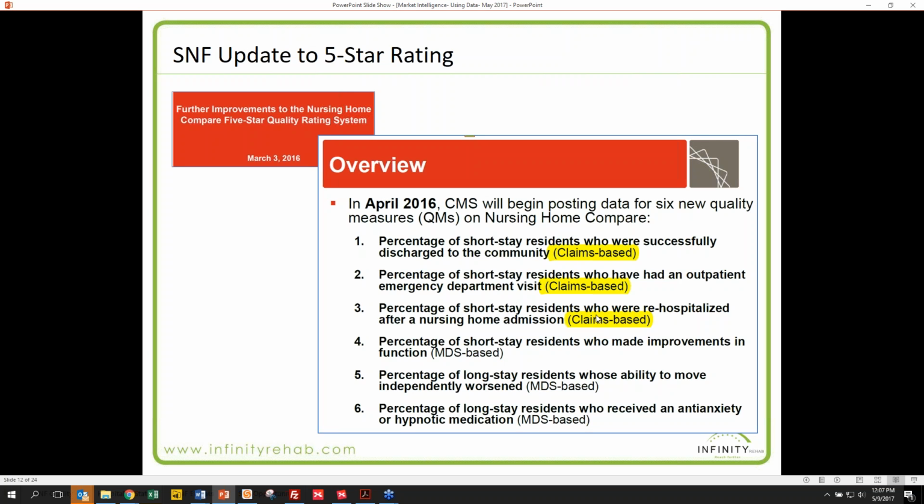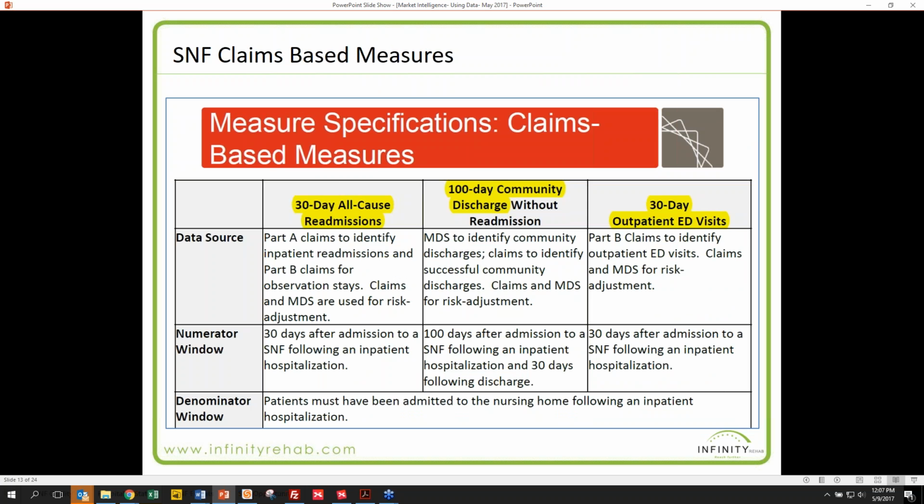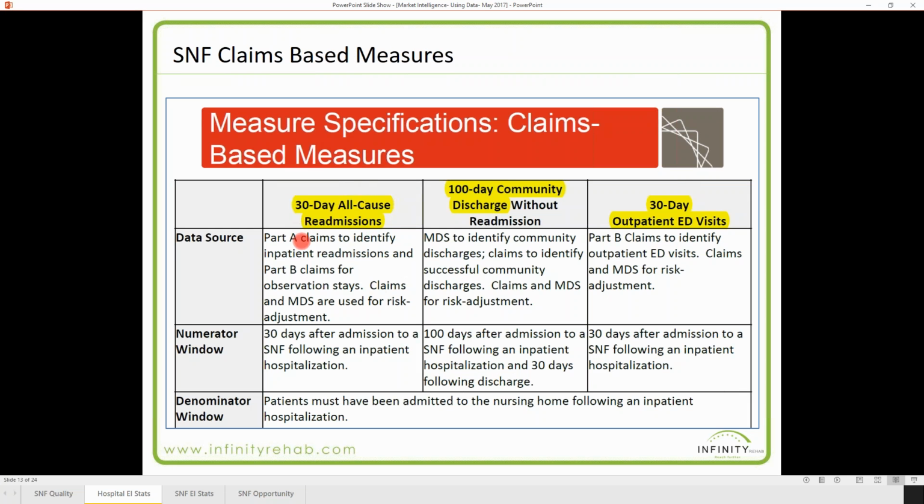3 of them are using claims data. This is something Medicare has learned a lot over the past couple of years with all the payment reform initiatives. And specifically, claims data in terms of a SNF being measured on a 30-day all-cause readmission, a 100-day community discharge, and a 30-day outpatient ED visit utilization for all the patients that get admitted to a SNF.